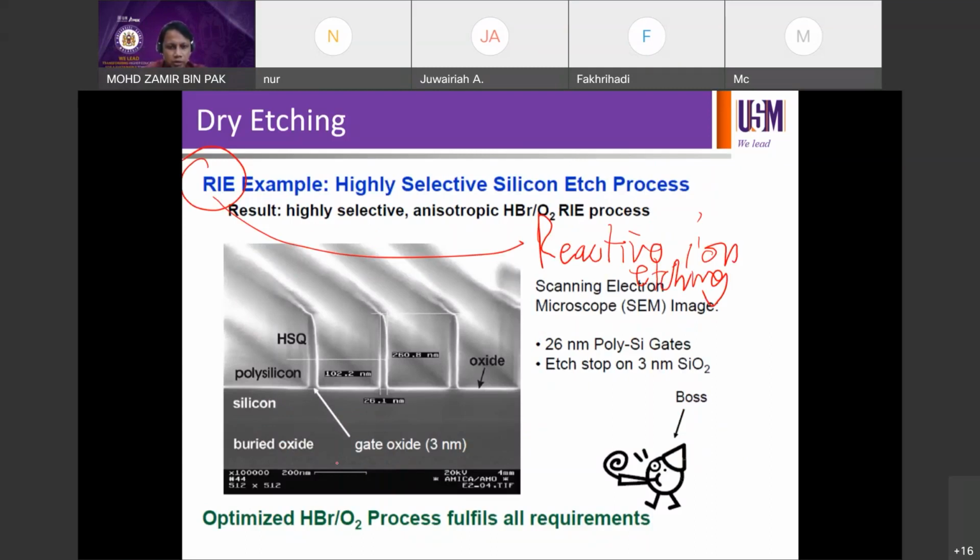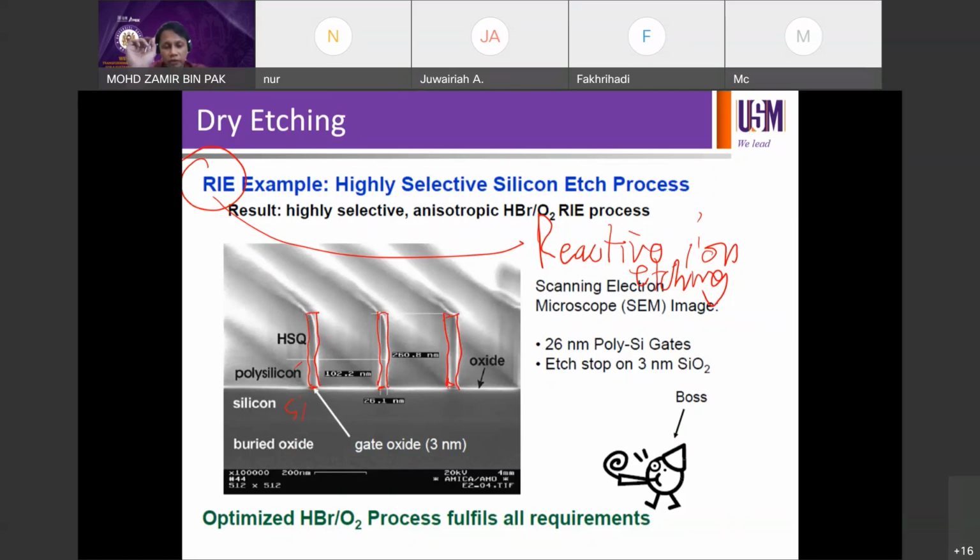For example, you can see the schematic here. Say you have silicon, then you have a very thin gate oxide, and then you have polysilicon here. And this is very highly directional. It means we keep those features with high aspect ratio, meaning the height is very high and the width is very small, and we learned about aspect ratio before.